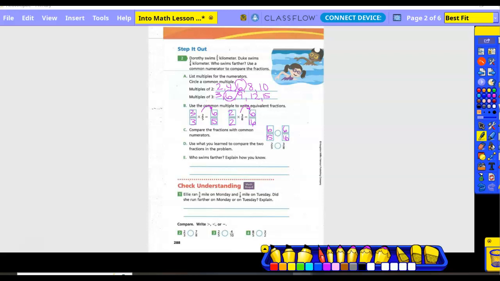Why is it greater than? Not as many pieces, right? So the more pieces you get, the smaller they get, right? Okay, so we have to think about that just a little bit different on those, okay? So use what you learned to compare the two fractions in the problem. So 2/5 is greater than 3/8.